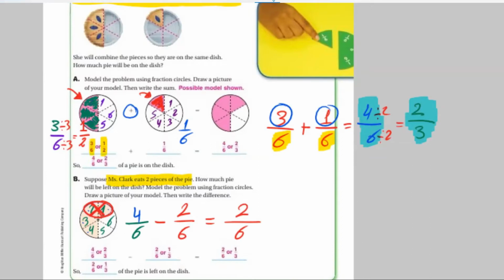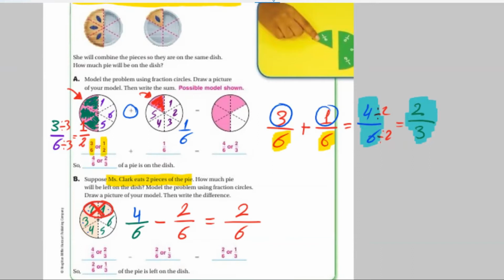Can we simplify it more? Okay, let's ask the first question. Is the big number 6 in the multiplication table of 2 or not? So 6 in the multiplication table of 2?